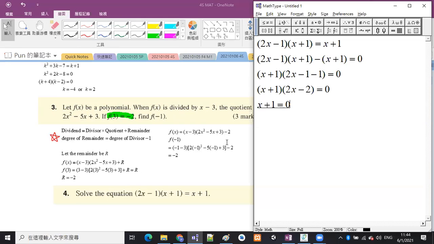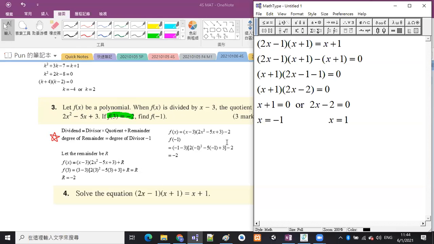The first bracket is equal to 0, or the second bracket is equal to 0. Okay, for the first equation, you get x equals negative 1. And for the second equation, you'll get x is equal to 1. Okay, so there are two answers. x is negative 1 or x is equal to 1.